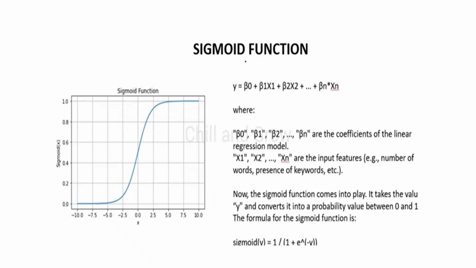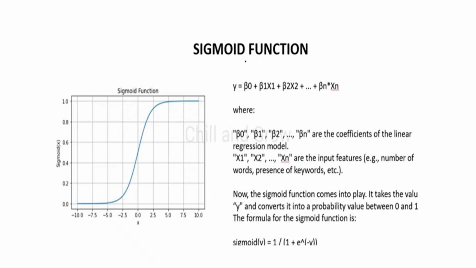In the sigmoid function, the output y can be written as beta 0 plus beta 1 x1 plus beta 2 x2 and so on up to beta n xn. Here x1 to xn are the input variables, or independent variables.